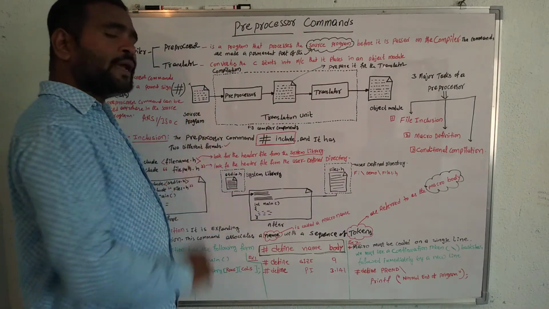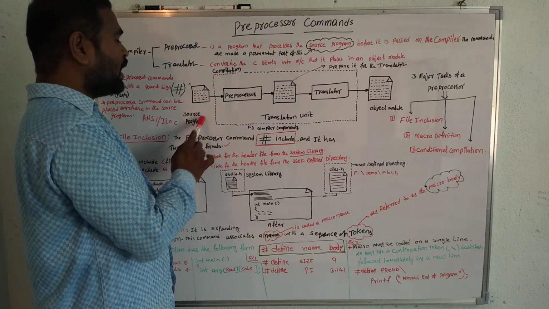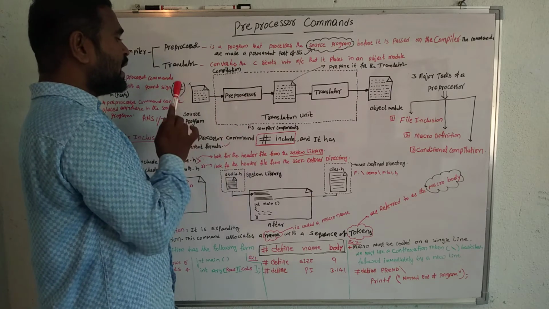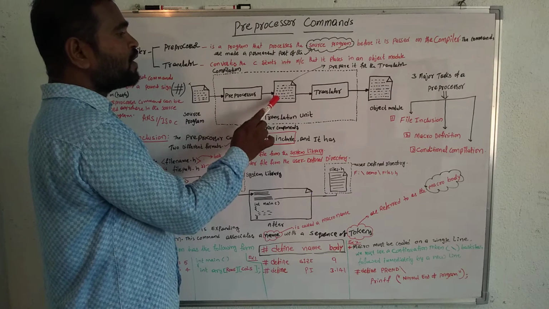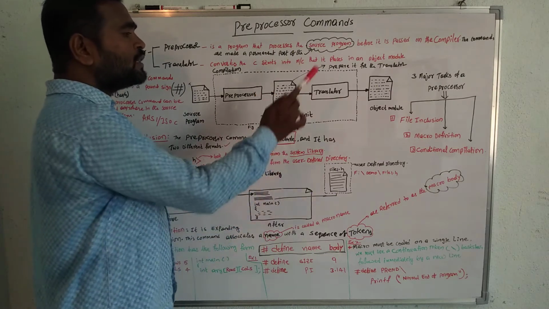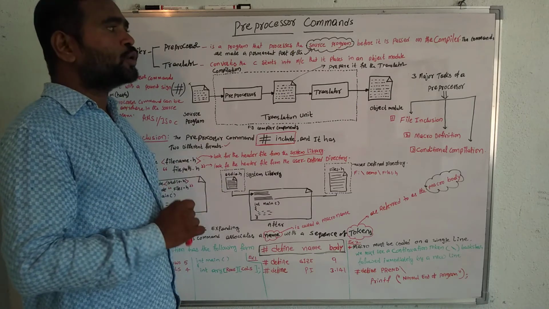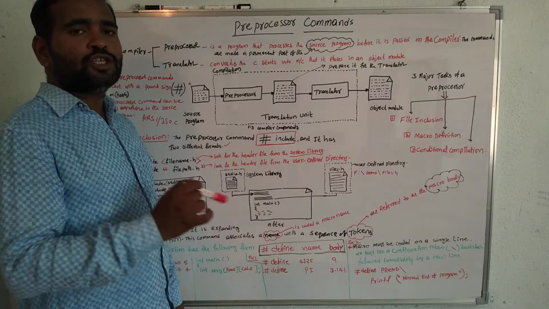So please observe this diagram. This is our source program, and the preprocessor takes the source program and prepares it for the translator, and the translator converts C statements into machine code that is placed in an object module.